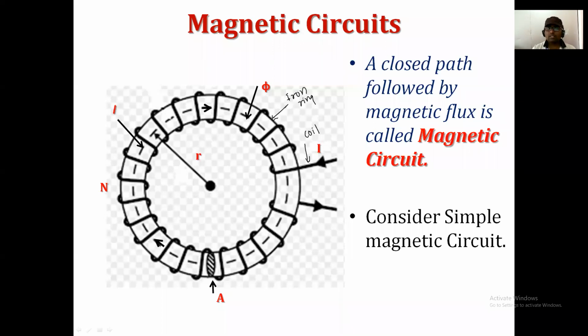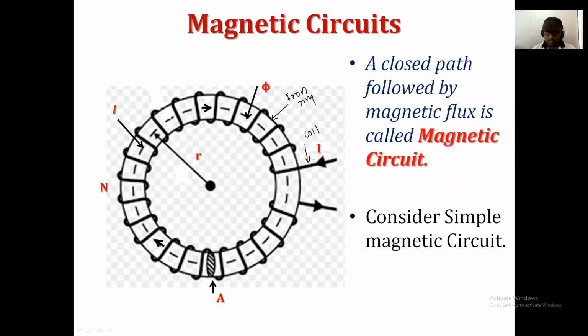Now here we consider the circular iron ring and the coil which is uniformly wound on the entire iron ring. So can I say that this is the solenoid, an iron core solenoid? Yes or no? This is an iron core solenoid because the coil is entirely wound on the iron ring. So it acts as an iron core solenoid.